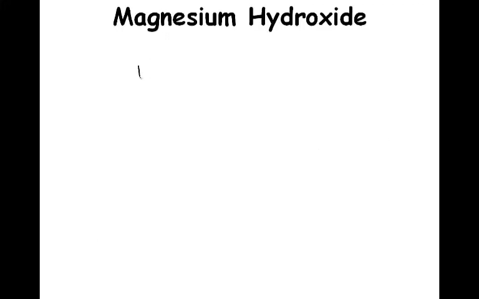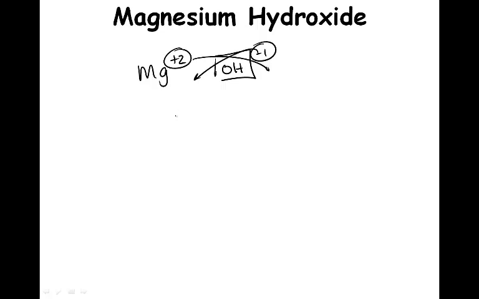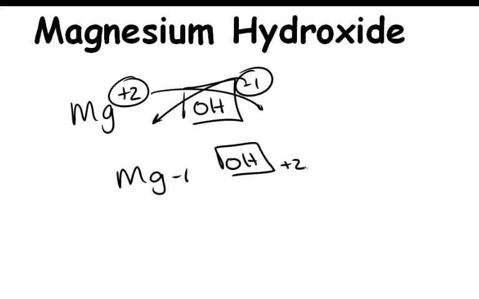Magnesium hydroxide. Magnesium is a positive 2 charge. Hydroxide is a polyatomic ion that we got from the back of our periodic table, and see that its charge is negative 1. We crisscross our charges, leaving us with Mg minus 1, OH with a positive 2.